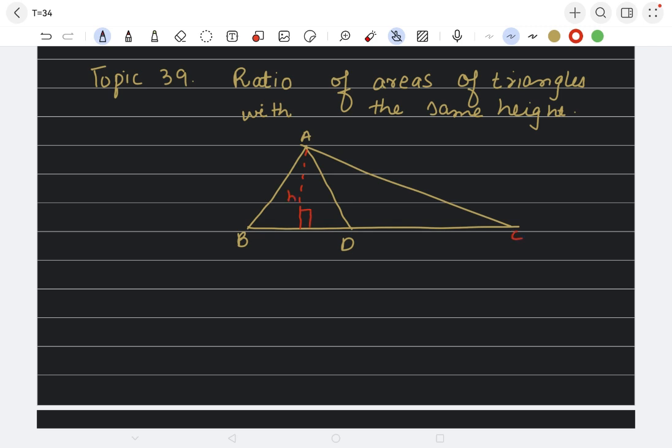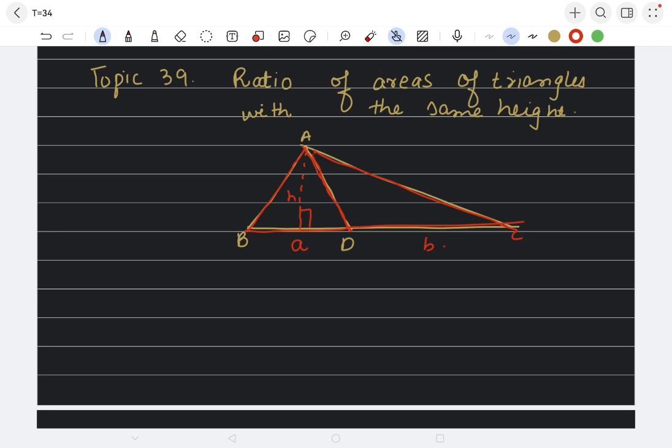So how many triangles are here? If you can see, they have given us length of BD is a and length of DC is b. So how many triangles are here? If I highlight them, one of the triangles is ABD and its height is h, and the other triangle is ADC and its height is also h, because height has to be the straight line.